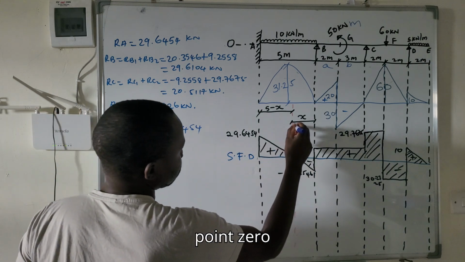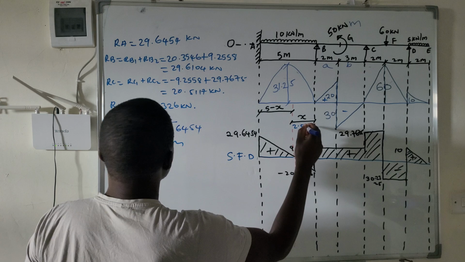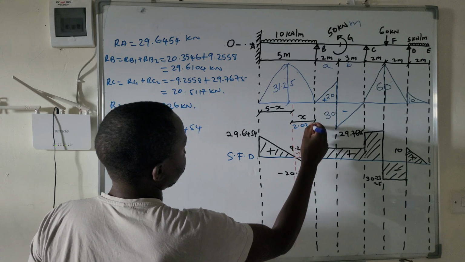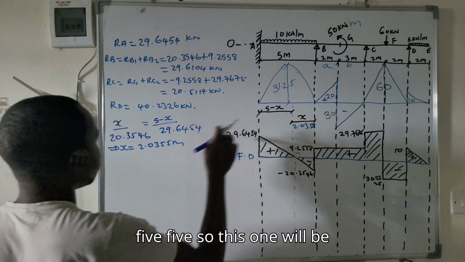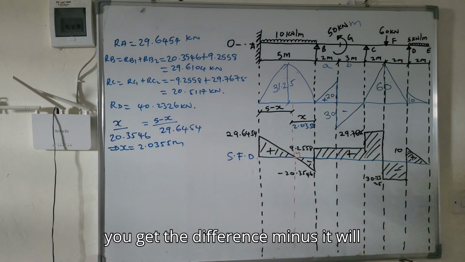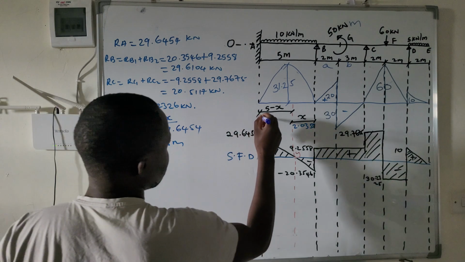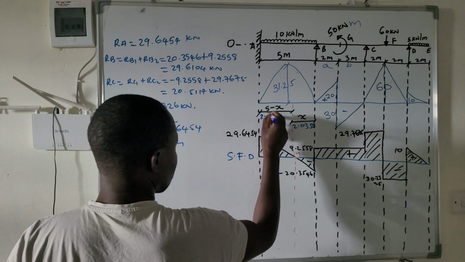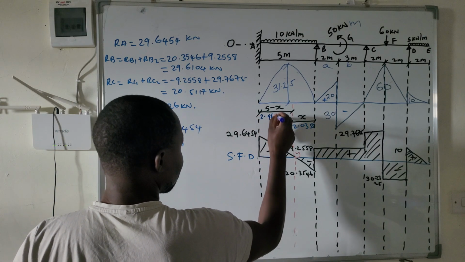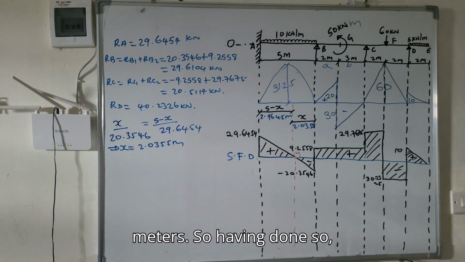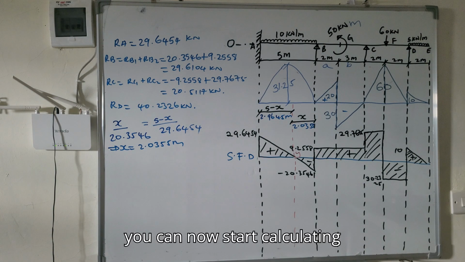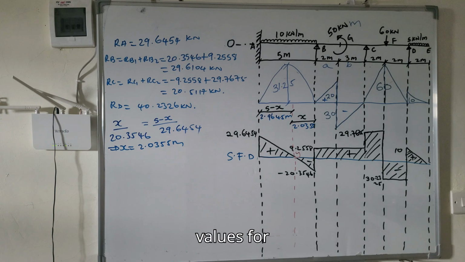So this is 2.0355. So this one will be, you get the difference, you minus, it will be 2.9645 meters. So having done so, you can now start calculating values for bending moments.